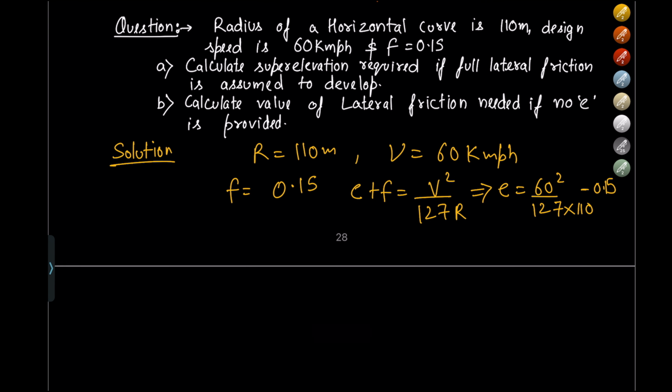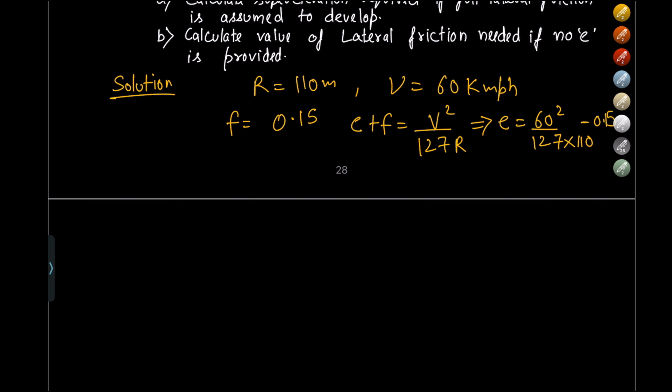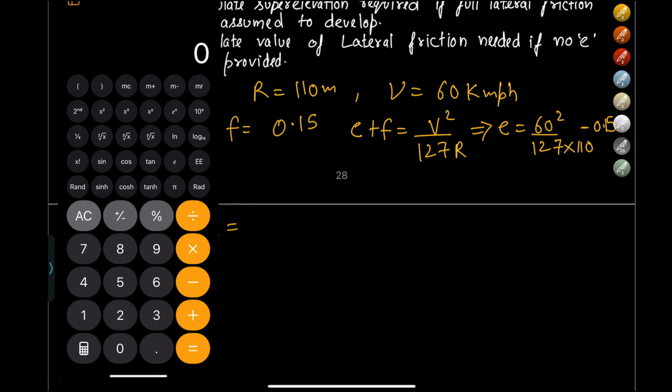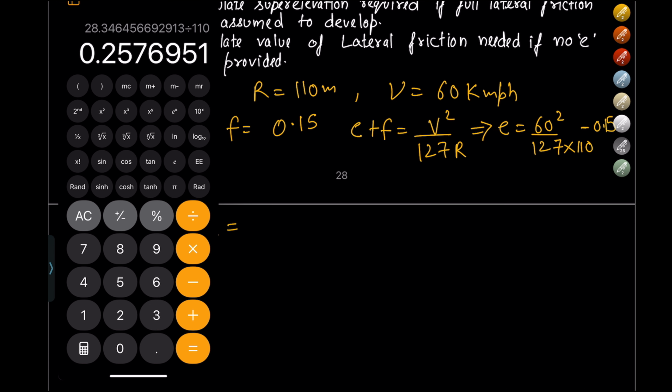After calculating, let us see the value of E. Sixty multiplied by 60 is divided by 127, divided by 110, minus 0.15.